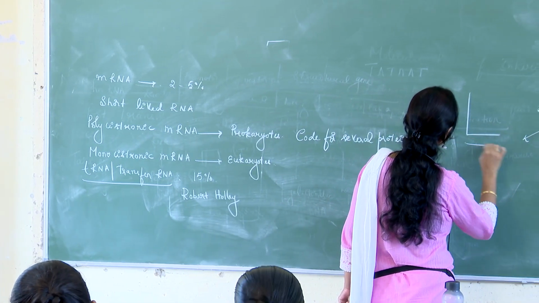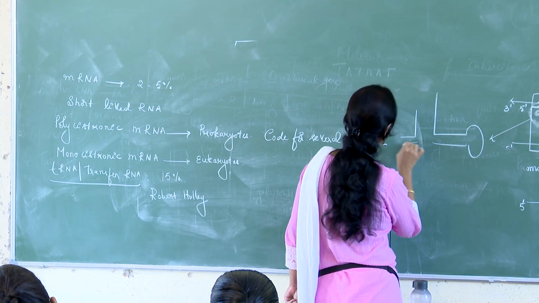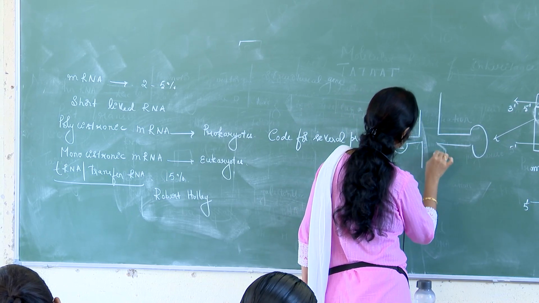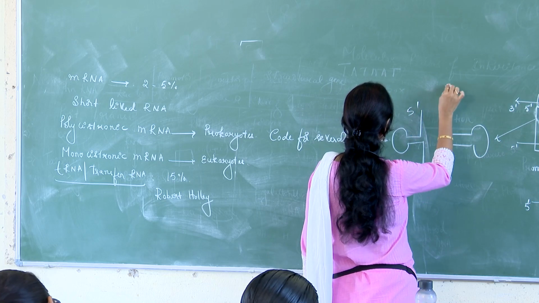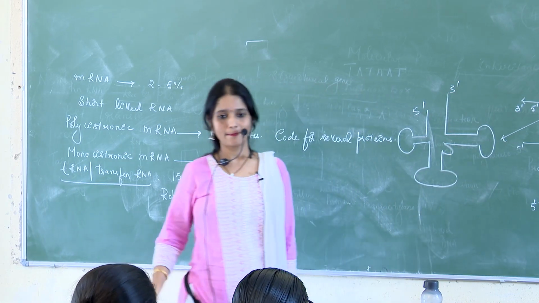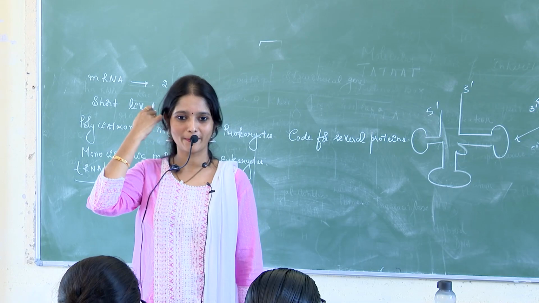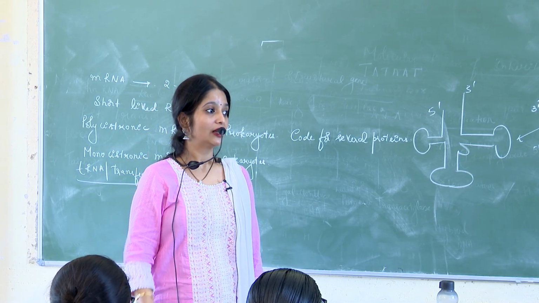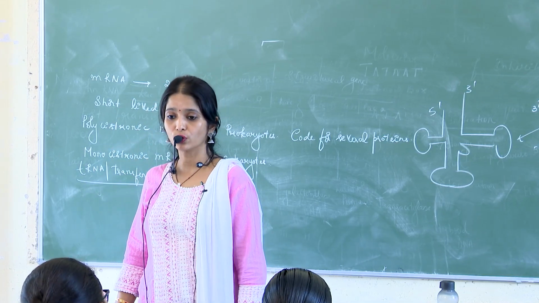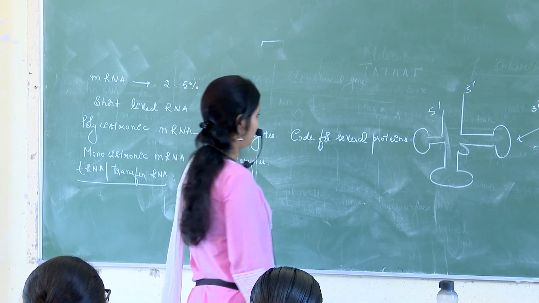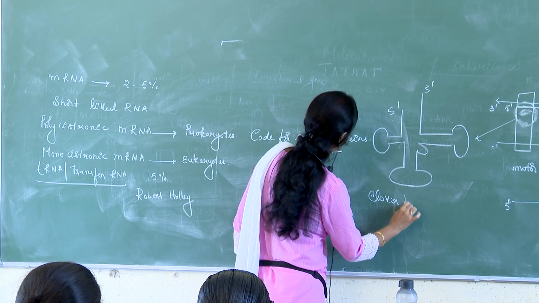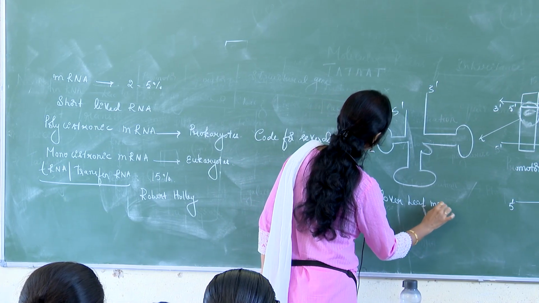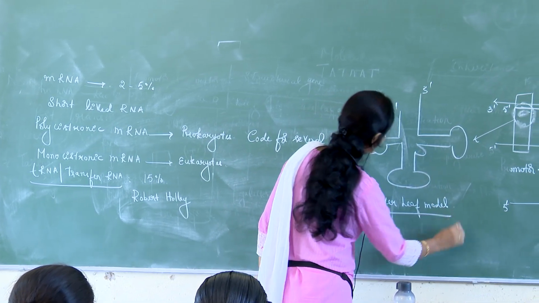Have you all studied this structure, students? What is this structure called? This structure is known as the clover leaf model, right?